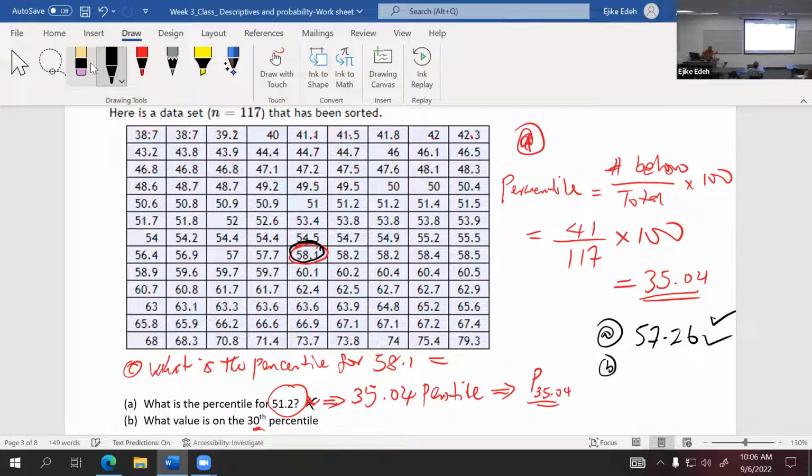Your explanation is that 58.1 is above a certain number of data, right? Yeah, so it's below, but again, these are all rounded off calculations. All right, I hope that helps.